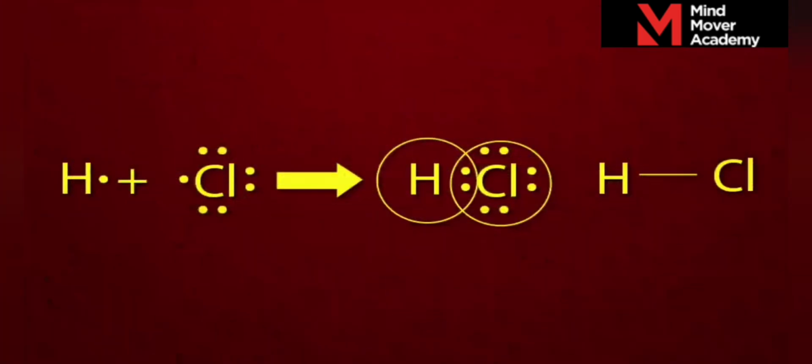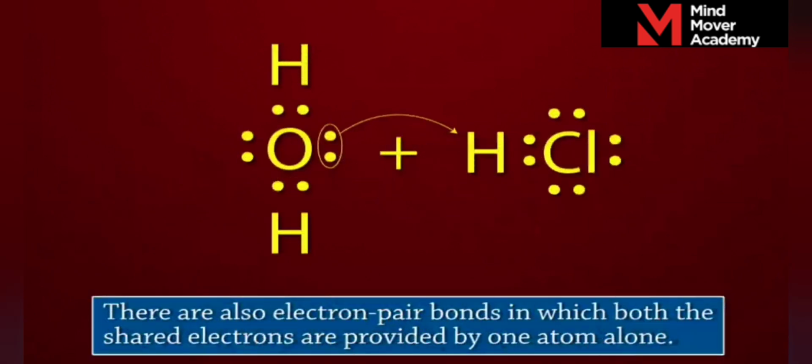The shared electron-paired bonds we have discussed so far comprise one electron from one atom and the other from the other atom. However, there are also electron pair bonds in which both the shared electrons are provided by one atom alone.